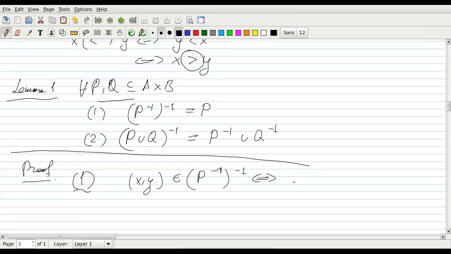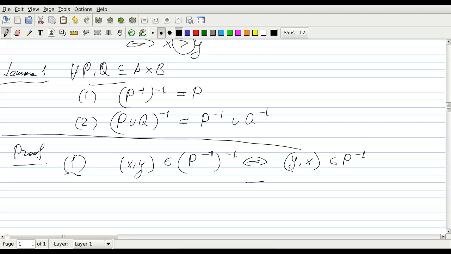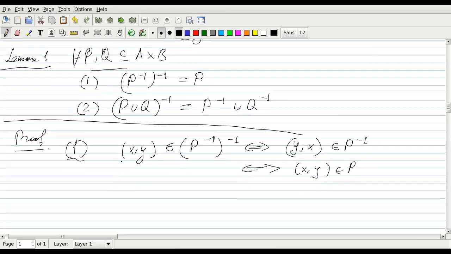If and only if, by the definition, yx belongs to R inverse, the converse of P. Yes, converse. It is not R, by the way. And when yx belongs to the converse of P, when xy belongs to P. So a pair belongs to this set if and only if it belongs to this one. Hence, these sets are equal.